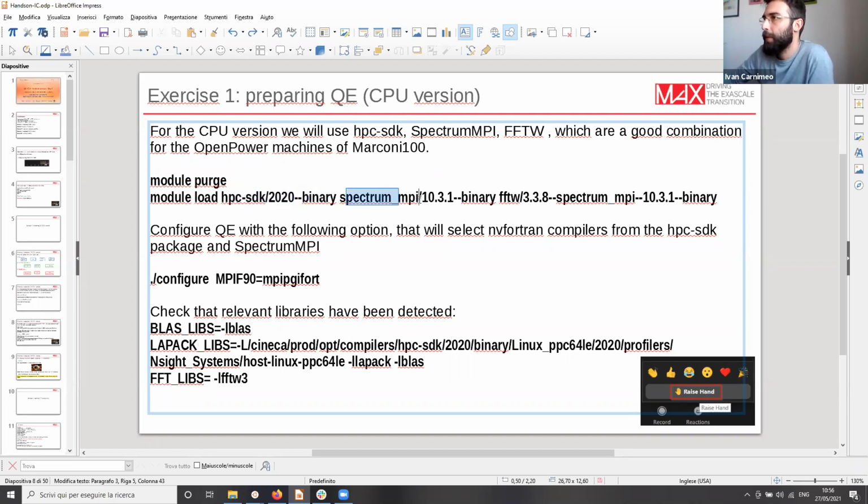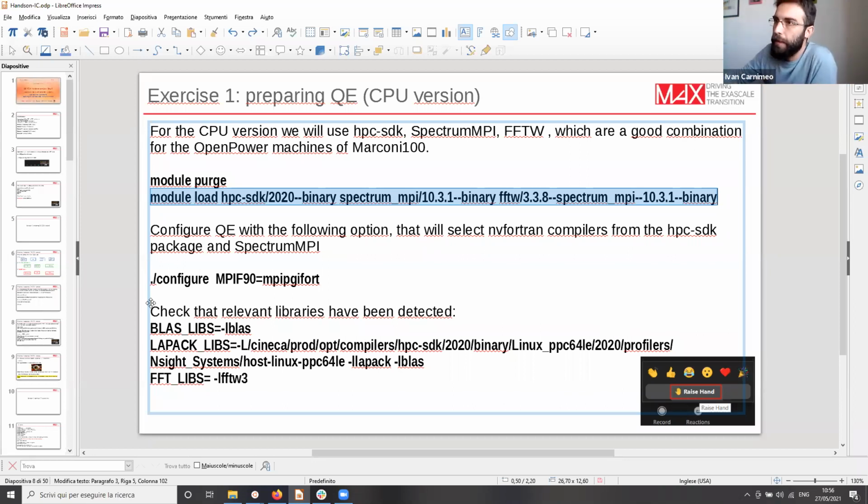Then you load Spectrum MPI, which is an MPI manager for running parallel calculations. You load FFTW. This is the library I was telling you before, for FFTW3 fast Fourier transforms. So once you have run this command here, now your system is set up. So you have loaded all the libraries that are needed to compile Quantum Espresso on the cluster.